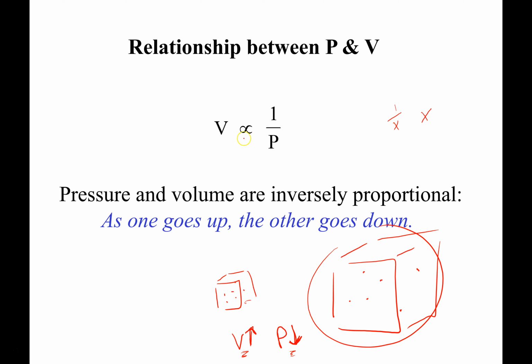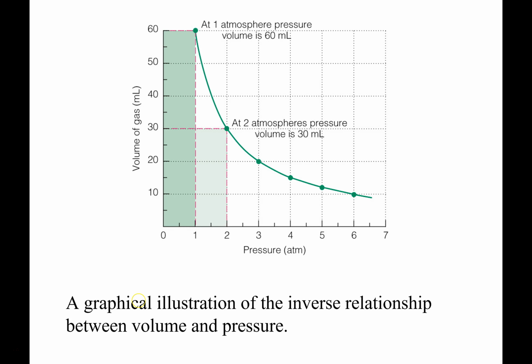So we actually have to show it's proportional to the inverse. Okay. So anyway, volume and pressure are inversely related. We could say volume is directly proportional to the inverse of pressure. That's kind of how that goes. Bottom line is one goes up, the other goes down. As one goes down, the other goes up.